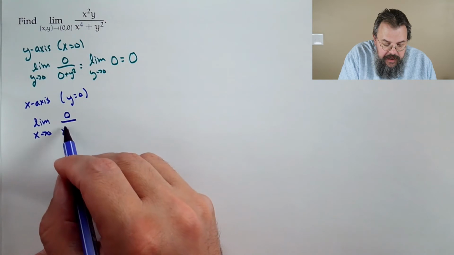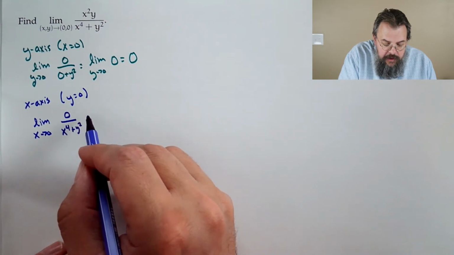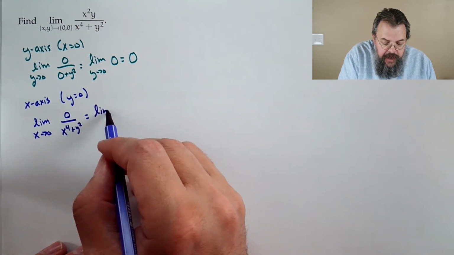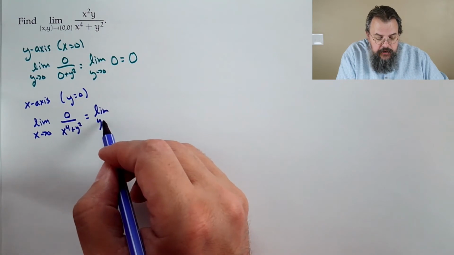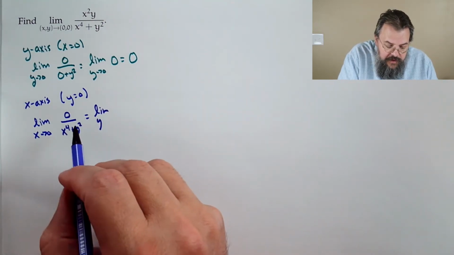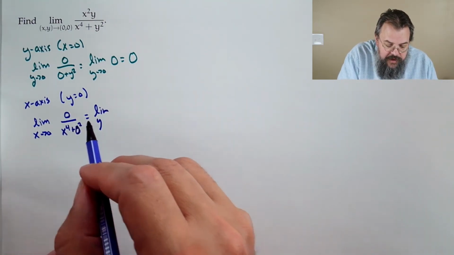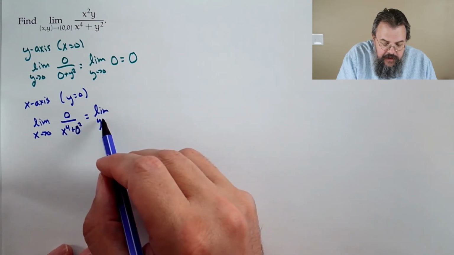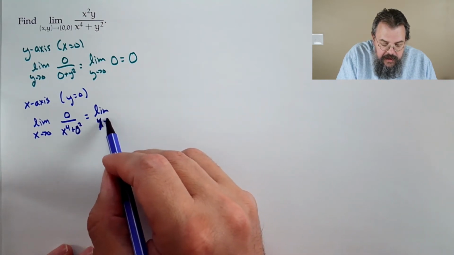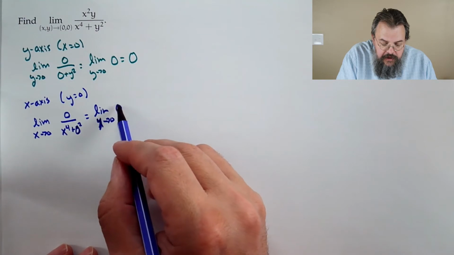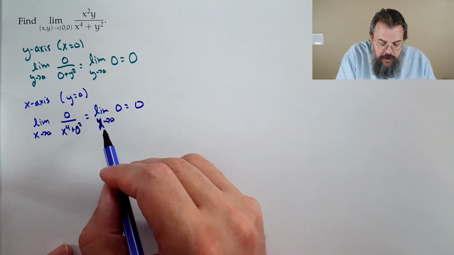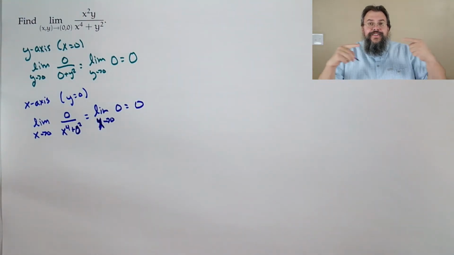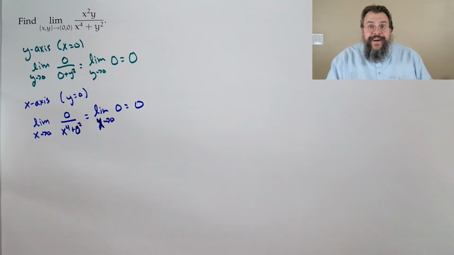Then it's divided by x to the fourth plus 0 squared. Well, it doesn't matter what you plug in. Doesn't matter what your x is, you're still going to get a 0. So then we get 0. Wow, cool. 0, 0. All right.